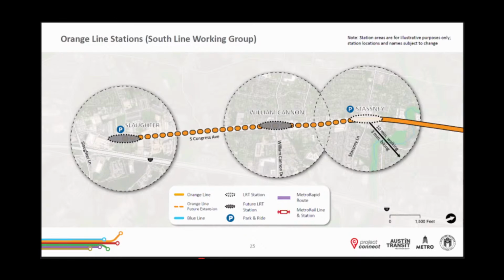This connection would provide convenient access for those coming from the south on I-35. The William Cannon Station would be placed near the William Cannon Drive intersection. The Stastny Station would serve as the interim southern end for the initial investment and would include a park and ride and bus bays for multimodal connectivity.